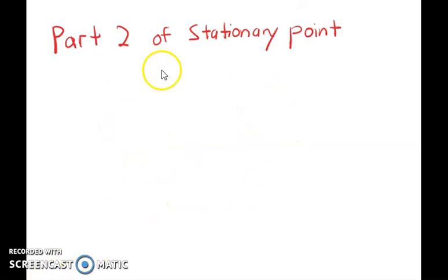Now we are at part 2 of stationary points, where we will learn about the minimum point and also the maximum point. The minimum stationary point will be in this shape.